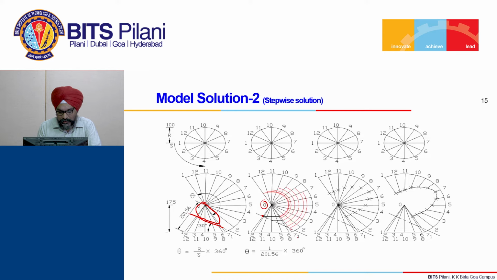Better way will be you should transfer this whole thing, this O7 somewhere away from the solid, meaning at the same level, like here it was O7, but you rename it as O1 because 1 is the starting point. Then from here you will complete the profile and you will complete the development.